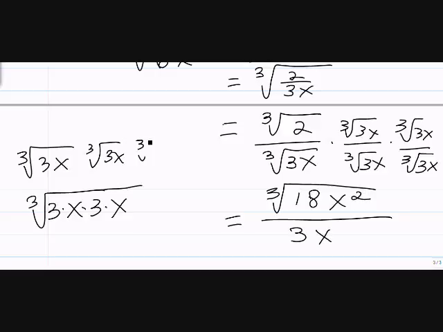If I do it one more time, I get another 3x here, and now I can get rid of the radical. The 3 times 3 times 3 simplifies to 3, and the x times x times x allows me to pull an x out of the radical. So I want to get totally rid of the radical, so got to multiply it one more time.